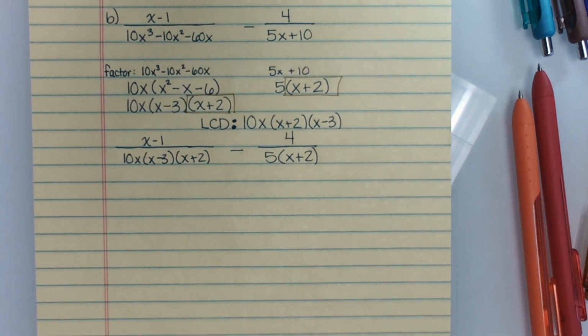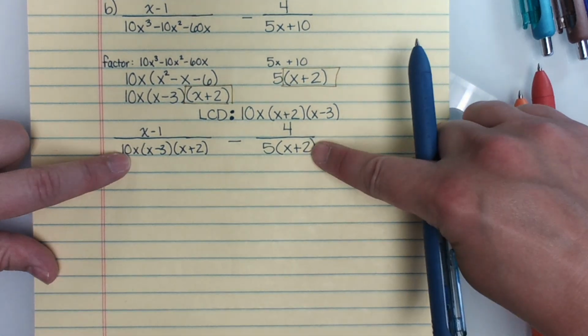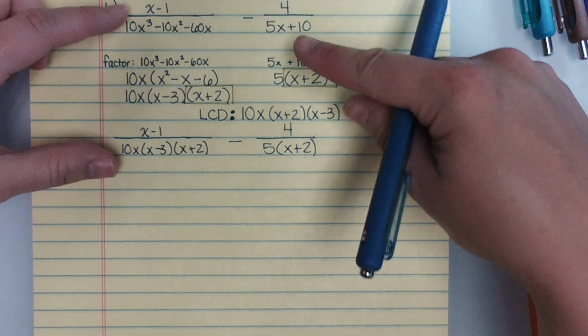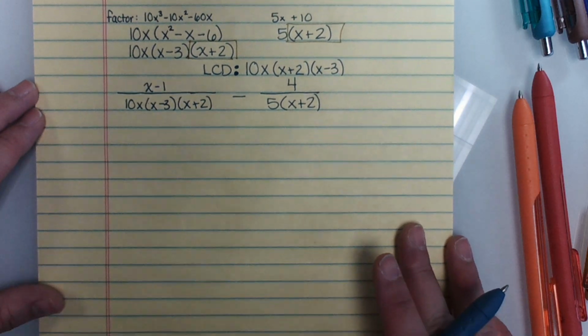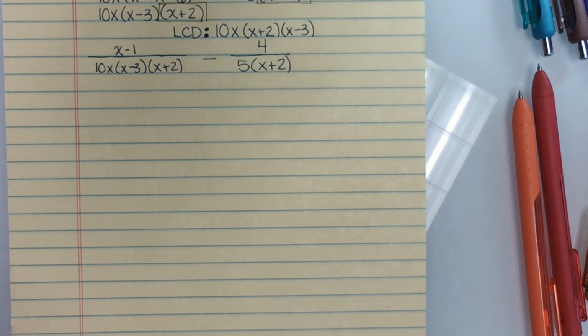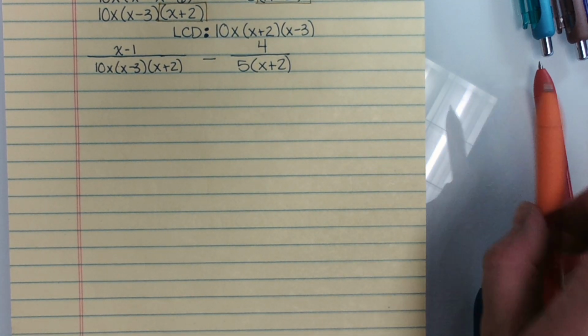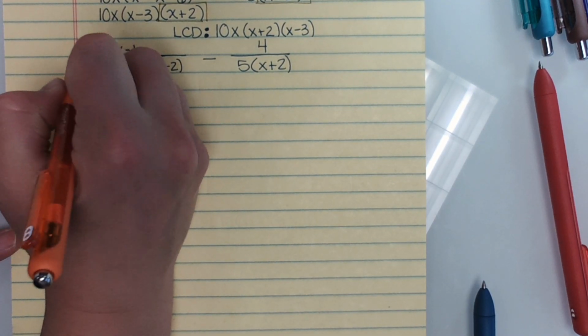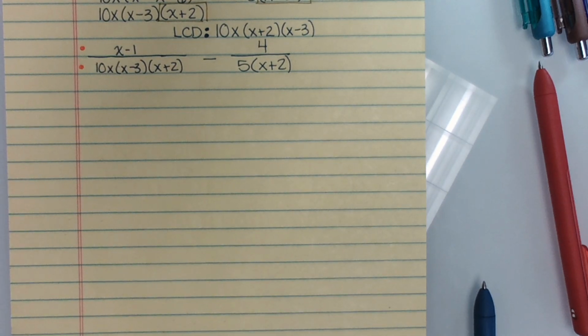Now, some people at this point just choose to write the factored form up here, or they mentally skip to it. I'm okay with that. I'm gonna rewrite what we got. What am I missing out of the first denominator to make it the LCD?